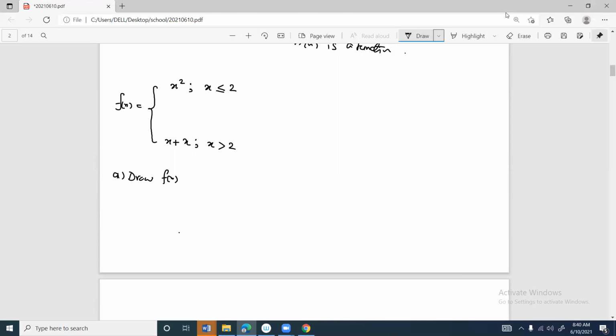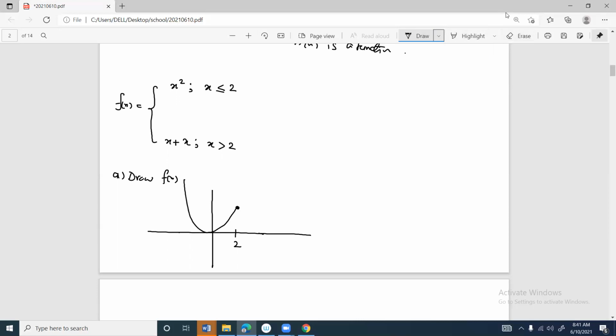If I sketch this, it's just like this. You know that it is the x squared graph. At 2, if I put 2 here, it's 4. It belongs to that point, and it's a graph like this. The other one is x plus, sorry, I just made a mistake over here.